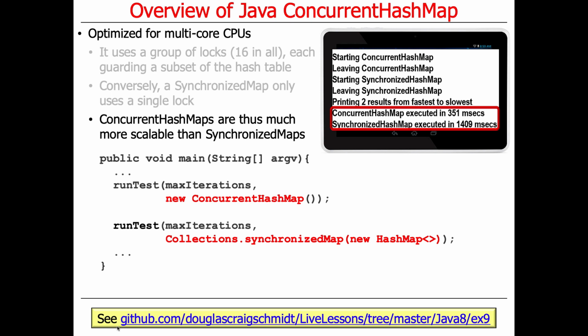And when you look at the code, which we'll look at, it's obvious why that's the case. It's a quad-core CPU, and we're running it at full tilt. So we have 4 threads running on those 4 cores doing put and get operations on the maps. This one is much, much faster because there's very little contention, whereas this one is much, much slower because there's a lot more contention. And we'll look at that code here shortly.